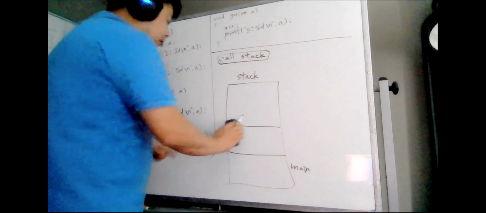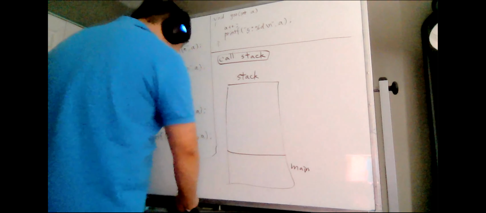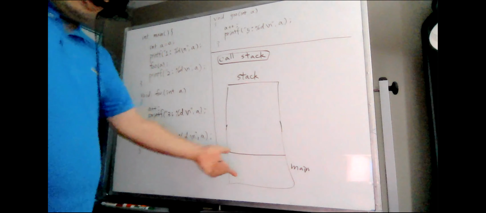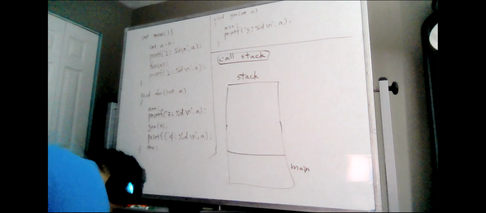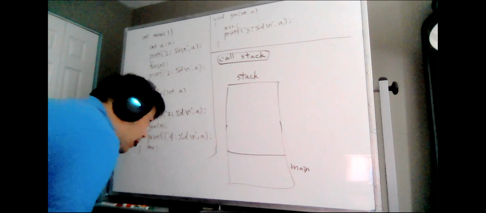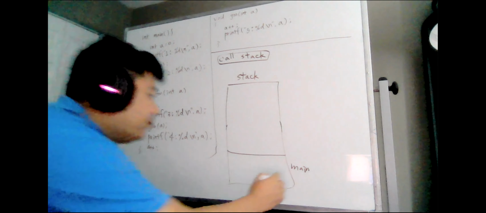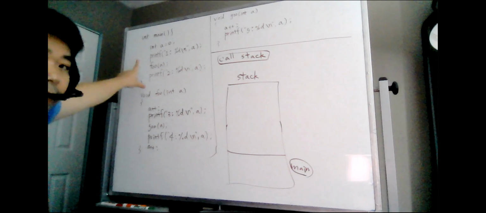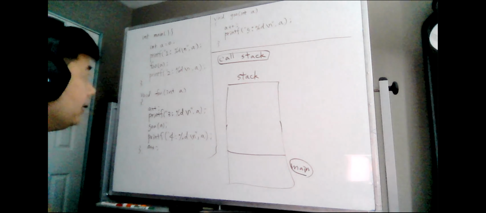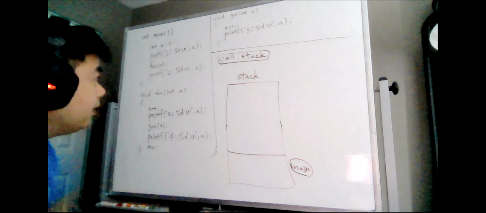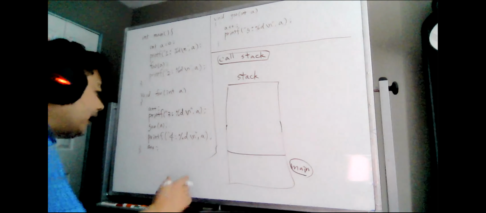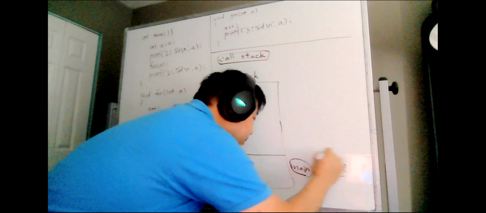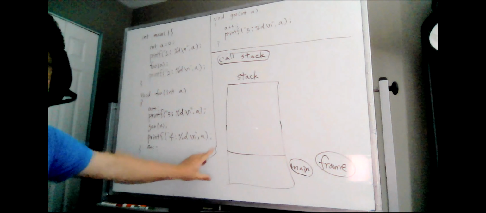Anyway, let's go back. When the program starts, the main function is invoked, and the storage for the local variables of function main will be established in the call stack, and that is called a stack frame. So the stack frame for main will be established.